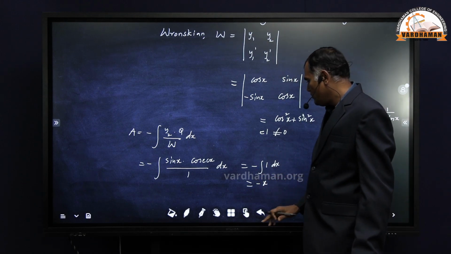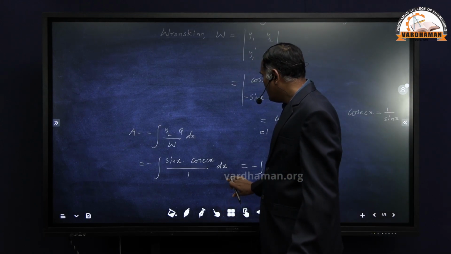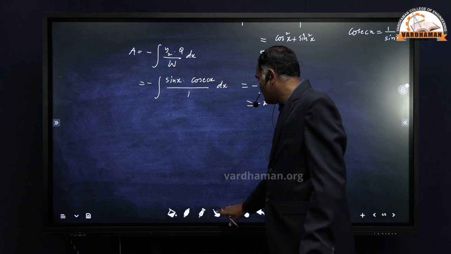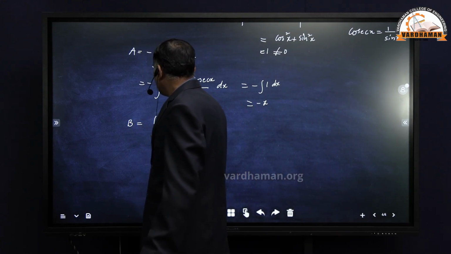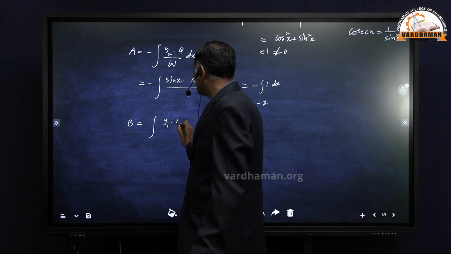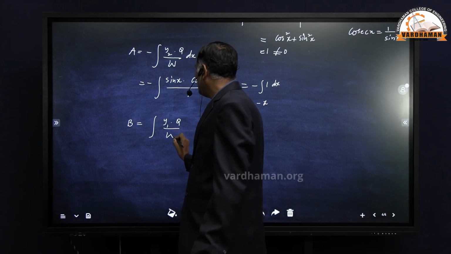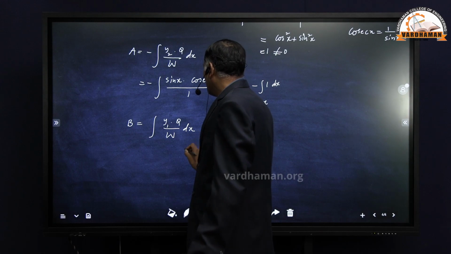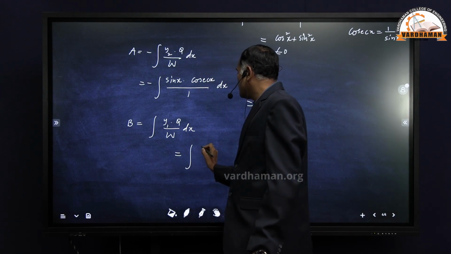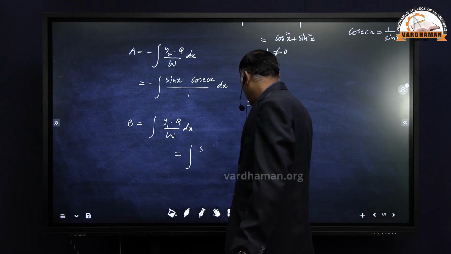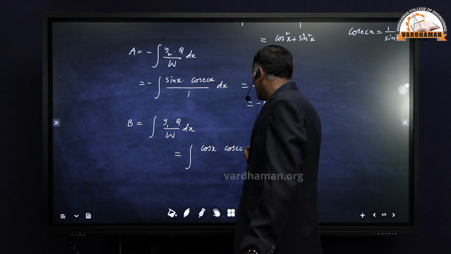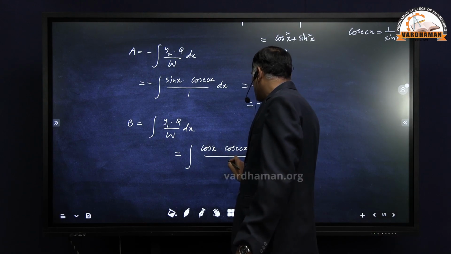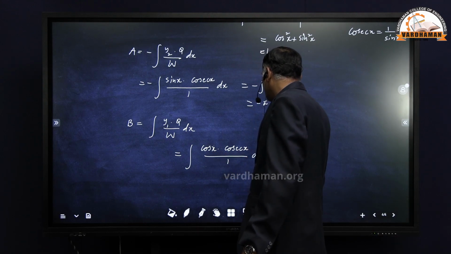Now let us find b. b is given by integral y1 into Q by W dx. Here y1 is nothing but cos x, into cosecant x by W, which is 1, dx.